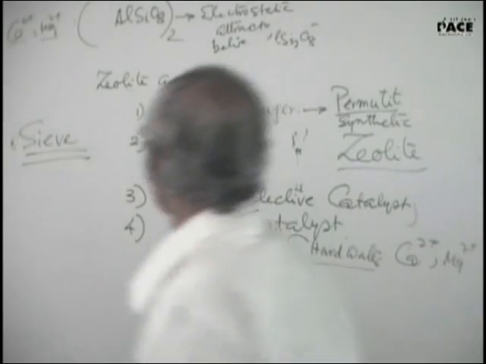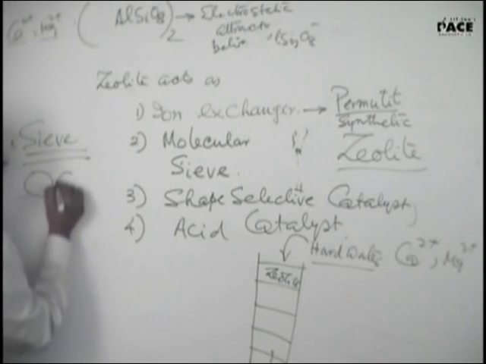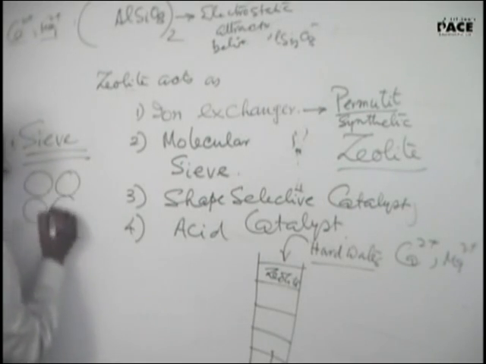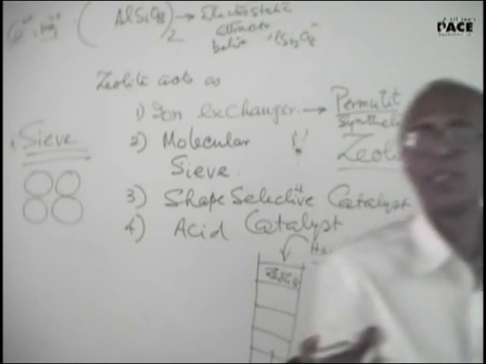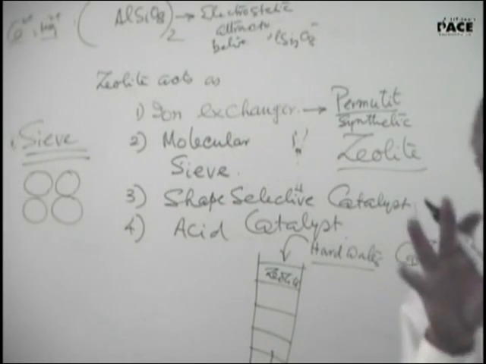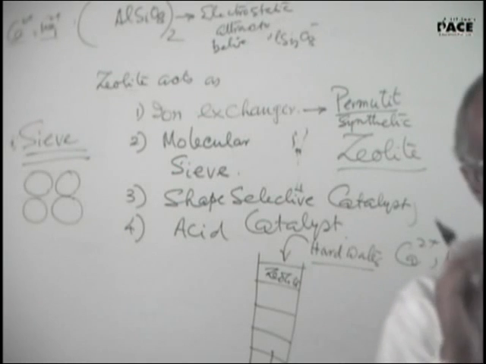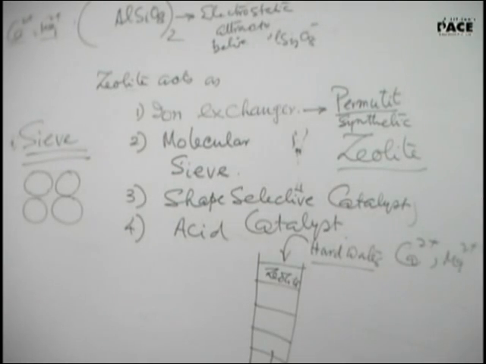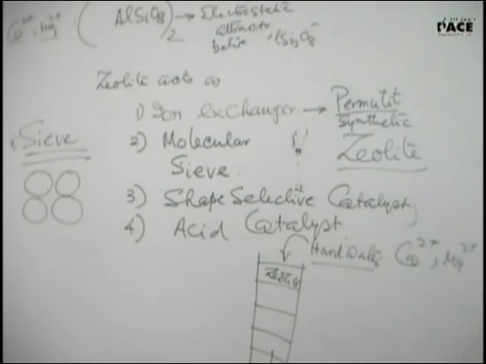So the zeolite has a spherical cavity. Natural zeolites have a spherical cavity. Their cavity is spherical in shape and the diameter is small. Since the diameter of the cavity is small, it can absorb the small molecule and leave the large molecule untrapped.